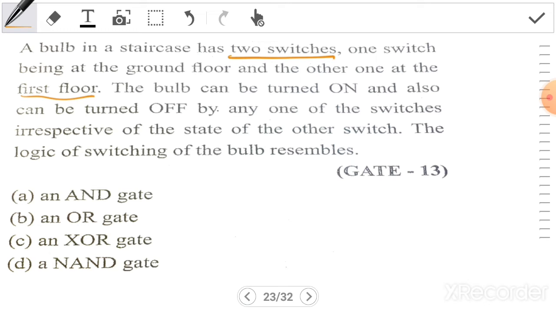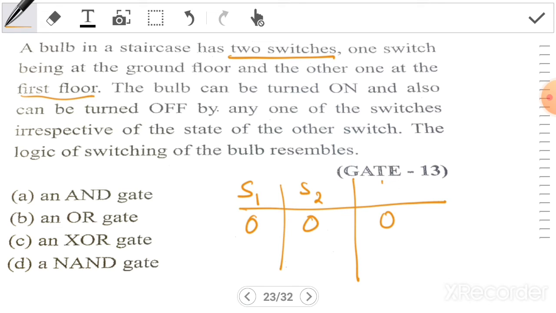Let us say we have S1 in the ground floor and S2 in the first floor. Bulb status can be toggled by changing any switch from 0 to 1 or 1 to 0. Let us see, 0, 0 means output, bulb is off.